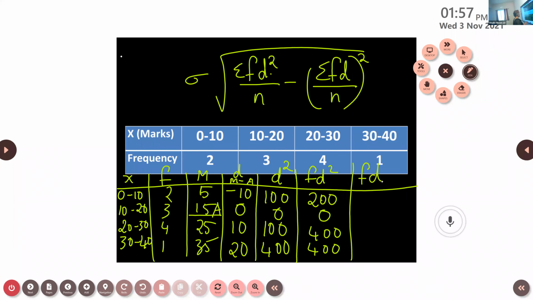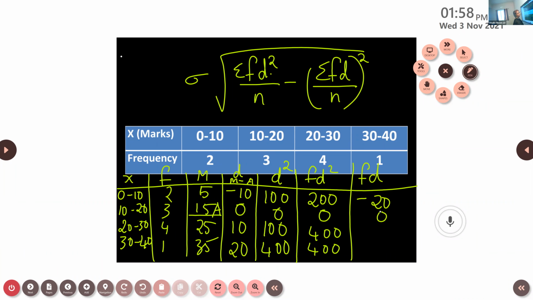F is given, D is given. So what will be the answer? Vinay, what is the first one? Minus 20. Pranav? 0.